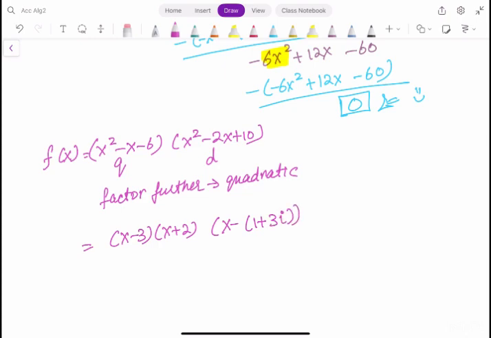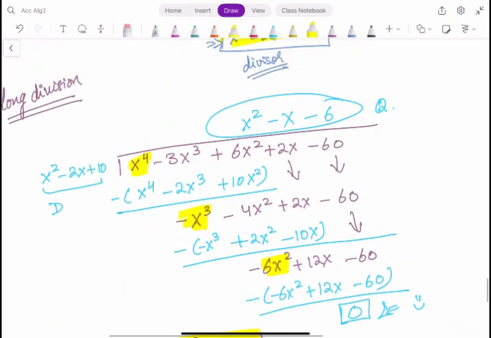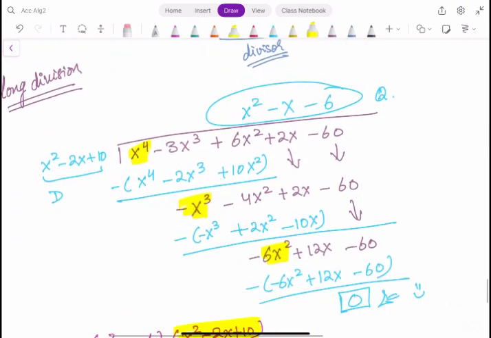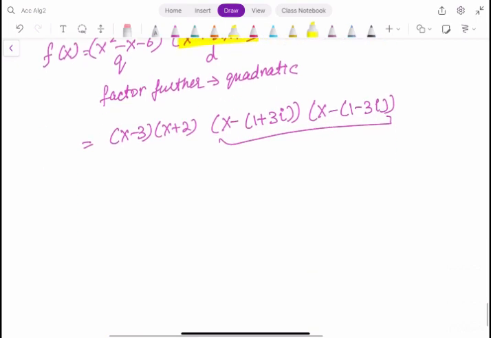X minus 1 plus 3i and x minus 1 minus 3i, right? So the divisor is already factored because we started with the factor to get to the divisor, isn't it? But when you are writing the complete factorization, this is how you will write the complete factorization. This is the complete factorization of f of x.